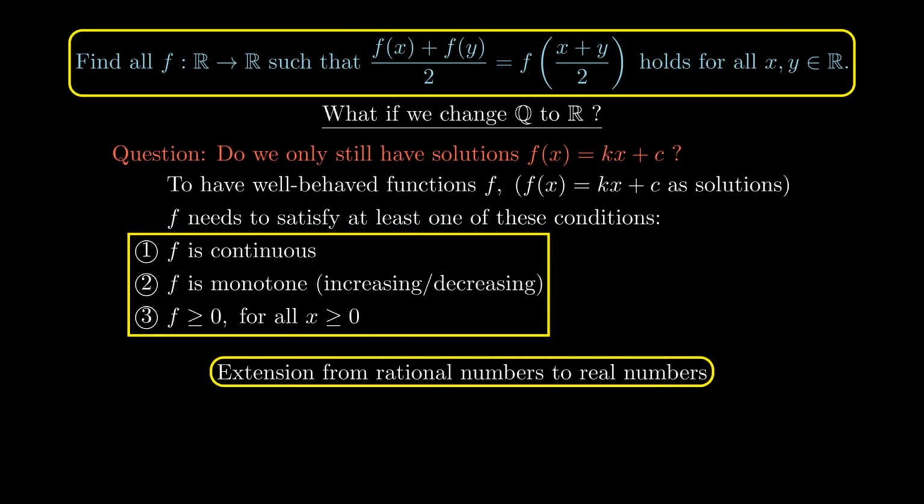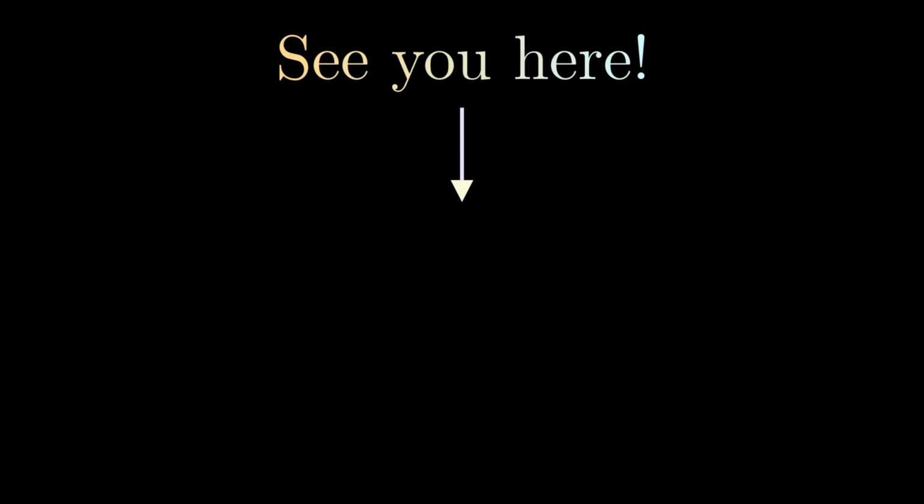And because the way we solve Jensen's functional equation is by using Cauchy's functional equation, this means that the extension from rational numbers to the real numbers is actually the same as the extension we will do for Cauchy's functional equation, which, like I've said, f has to satisfy one of three additional properties. And if you want to see a proof of it, then be sure to click this video on the screen right now.